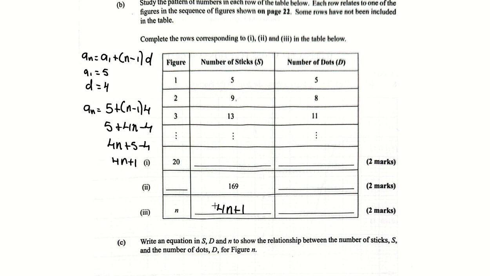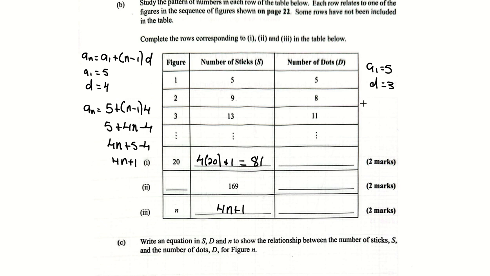Right, and now this is my 20th term, or my 20th figure. That would have been 4 by 20 plus 1, which is 80 plus 1, is 81. I'm doing the same thing for here. My first term, A1, is 5. The common difference: to go from 5 to 8 and 8 to 11, we can see both of them we added 3.